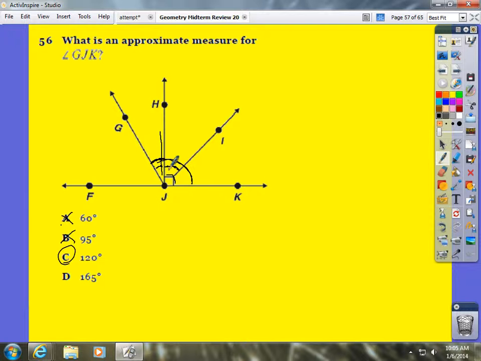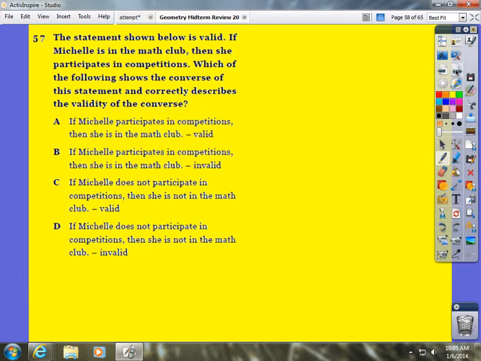Okay, the statement shown below is valid. The converse, okay, the converse. Let's see. If Michelle is in the math club, then she participates. If Michelle participates, then she is in the math club.